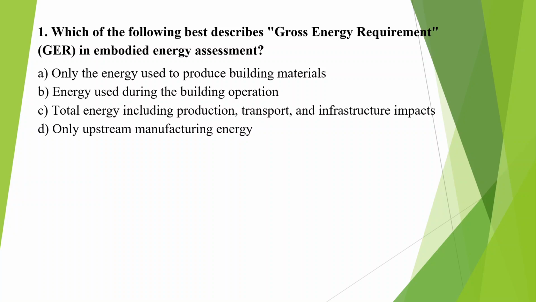So, if you are taking only the one most appropriate answer, it should be option C, which describes the total energy, because the question has been asked about the gross energy requirement. So the term gross energy requirement tells us about the total energy, including the production, transport, infrastructure impacts, etc.